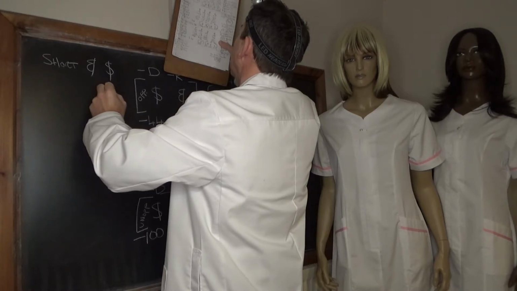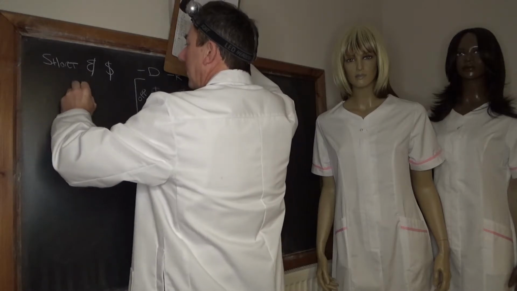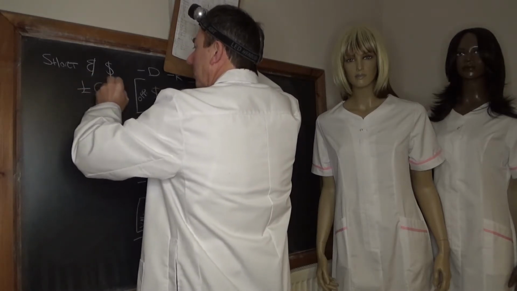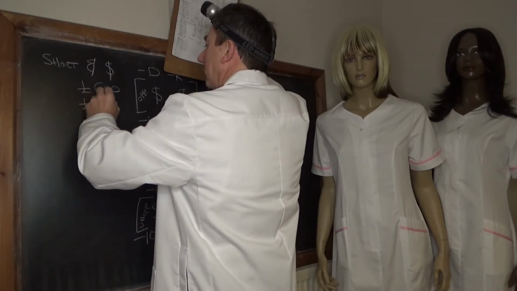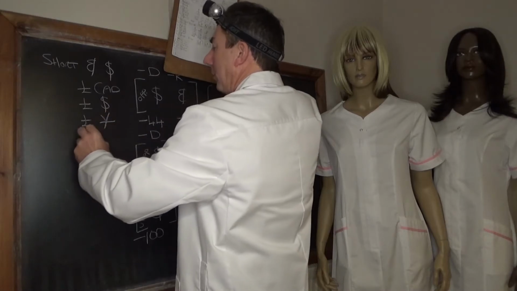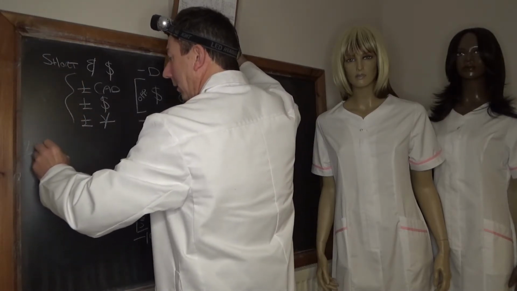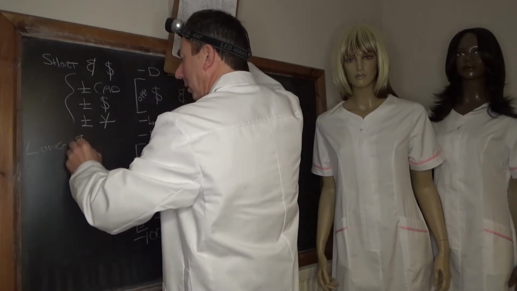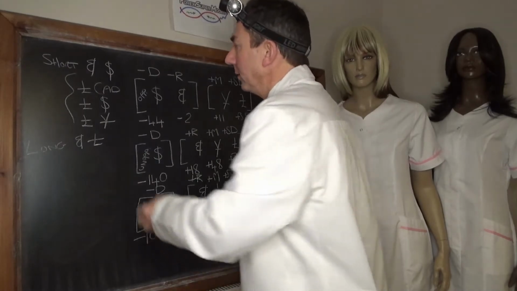And we're short pound CAD, which we were before. We're short pound dollar, short pound yen, and we're long euro pound. And the common theme obviously is we're short the pound.